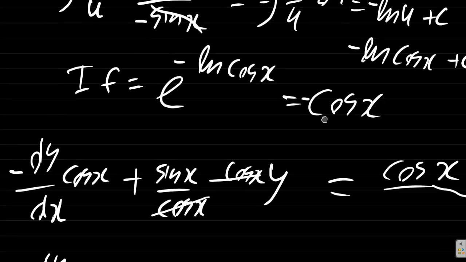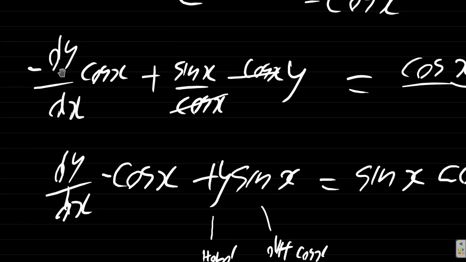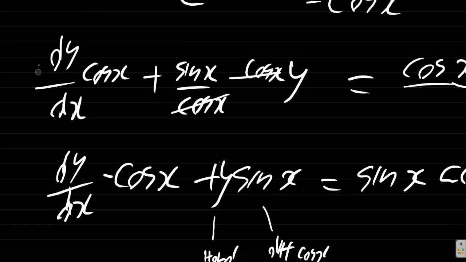This would be like saying e to the ln of negative cos x. So it would be negative cos x. So you should have a negative here. So it would be a d by dx of negative cos. Alright, so that was my mistake.